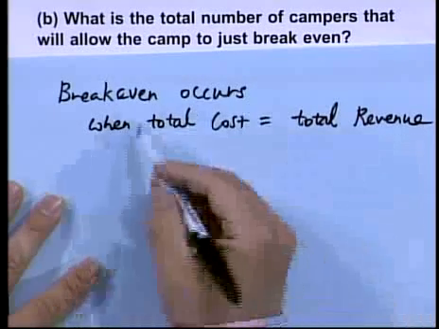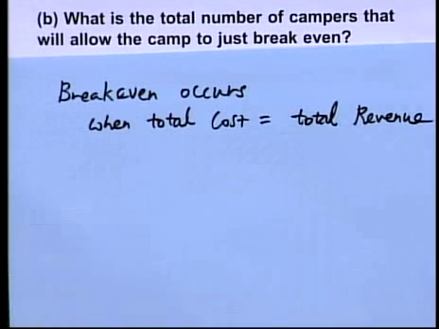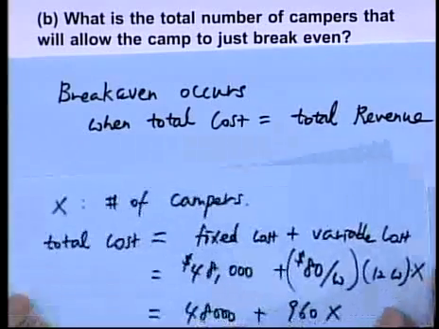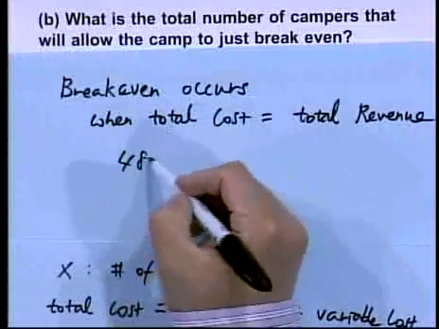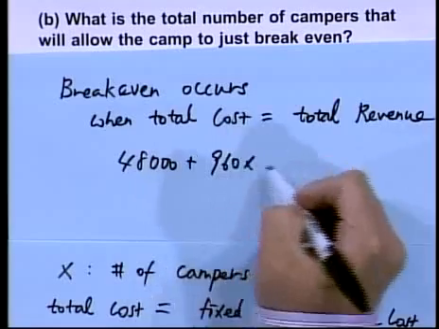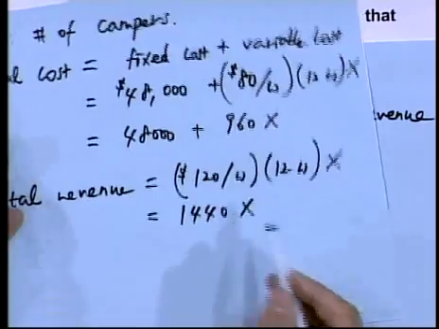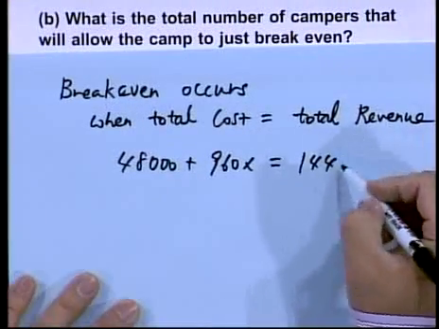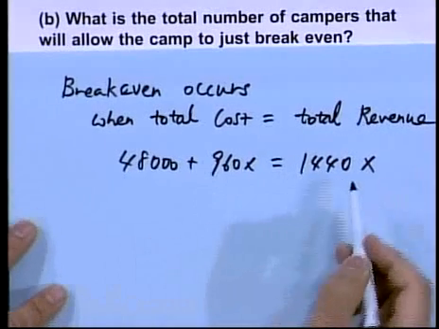Which means our total cost was this, right? So 48,000 plus 960x, and total revenue is 1,440 times x, right? So we're going to set them equal and solve this equation.